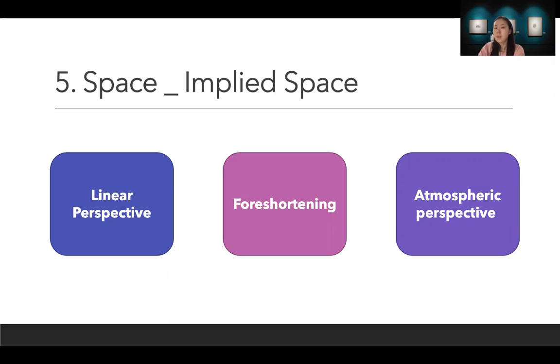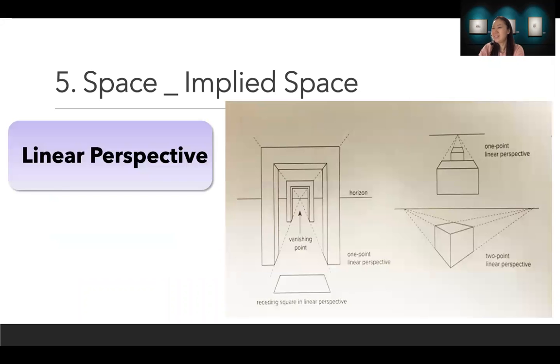Everyone, please focus on it. So let's see linear perspective first. Leonardo da Vinci from the Renaissance discovered this technique to show space on a two-dimensional surface.